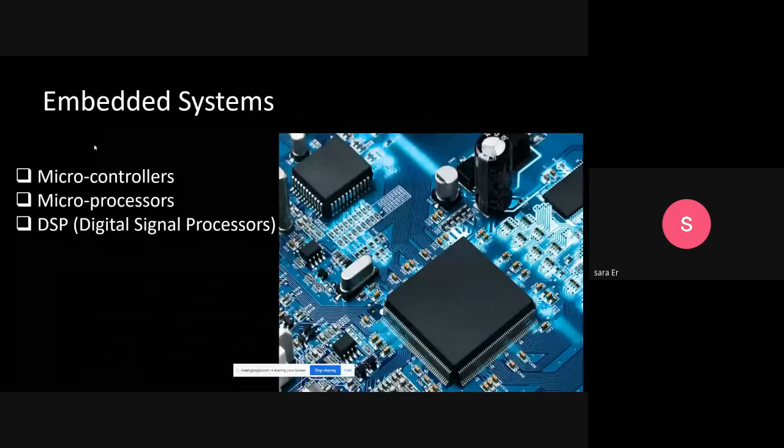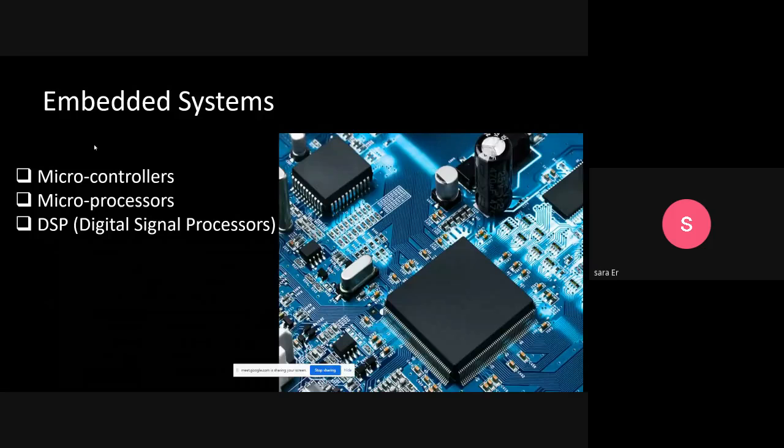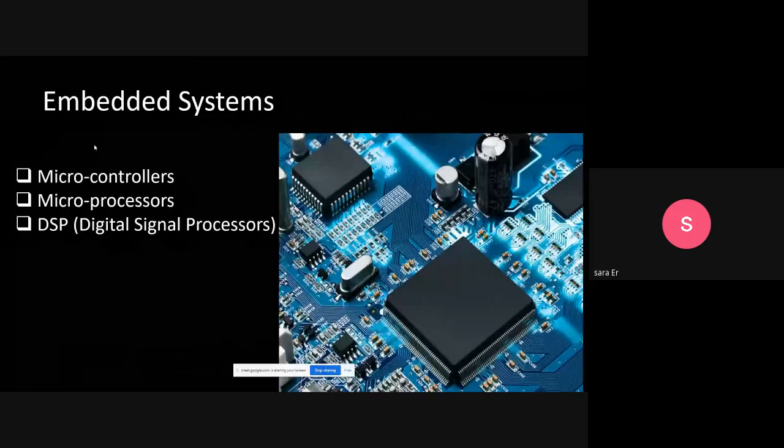All embedded systems contain a main board or a chipset. For example, here you see a blue board with several ICs, capacitors, and resistors installed on it, and this board usually performs a specific task.